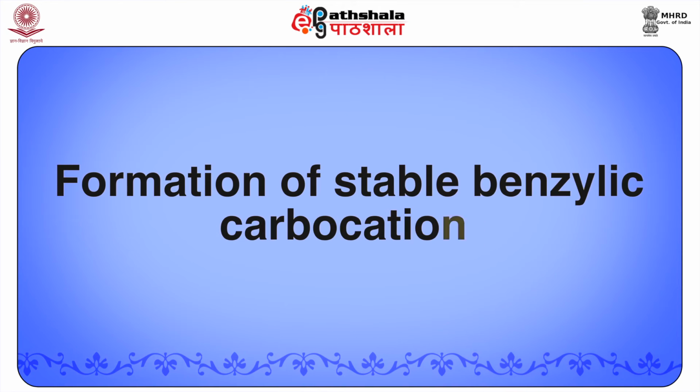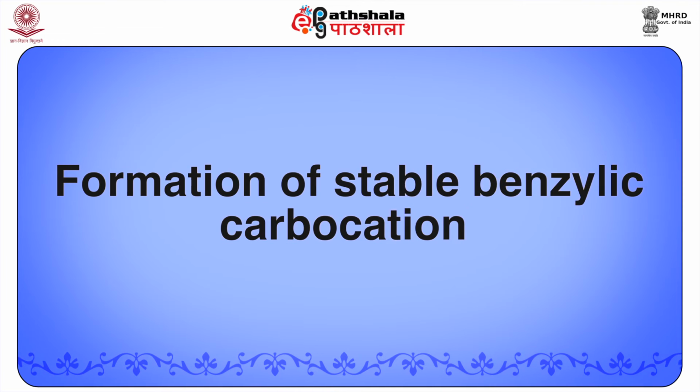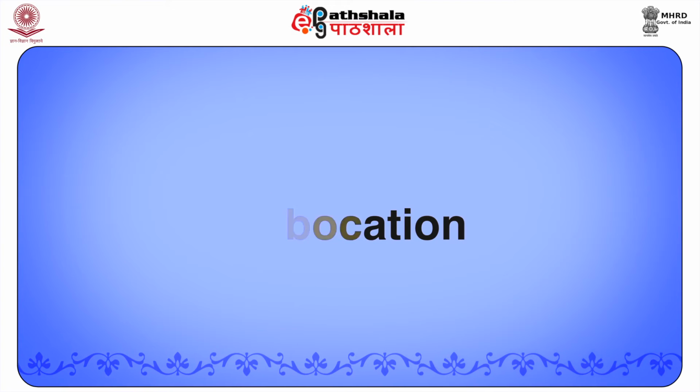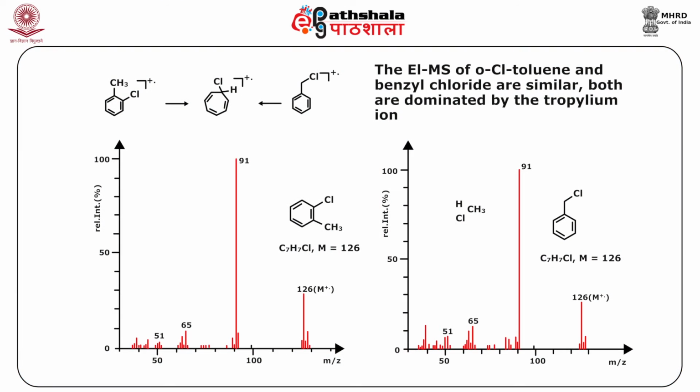Now students, let us consider the formation of stable benzylic carbocation. Now here you have the ortho-chlorotoluene and benzyl chloride. They undergo rearrangement to form tropylium ions and show a peak at m/z value of 91.